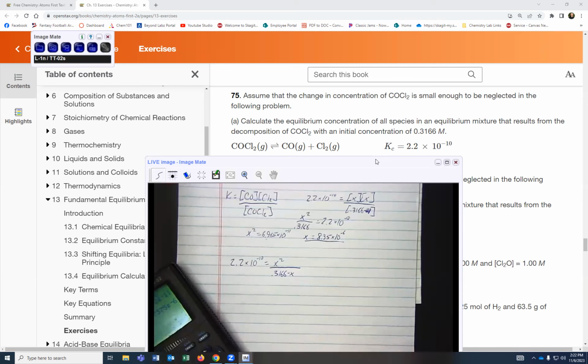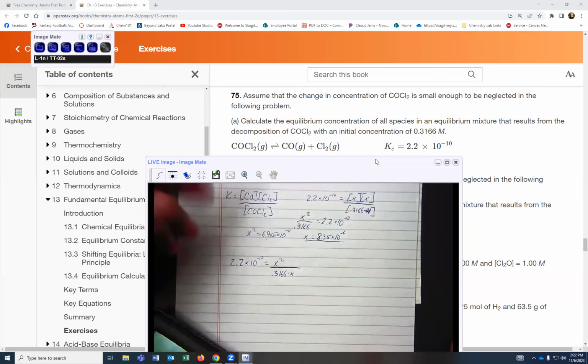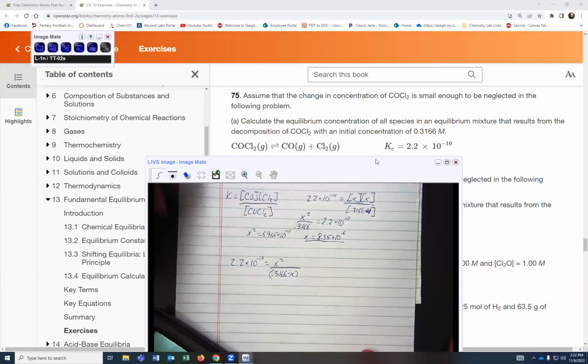So let's rearrange this equation so that we can graph it. I'm going to set one side of this equation equal to 0 so that we know we're solving for x values where y equals 0. So I'm going to move this over to the other side of the equation by multiplying both sides by 0.3166 minus x.